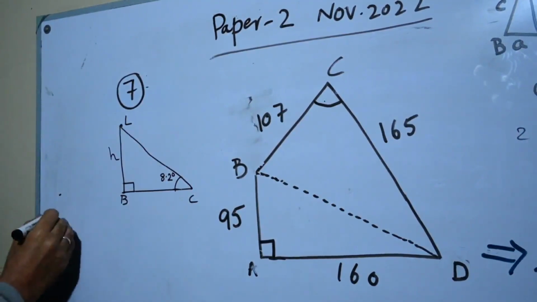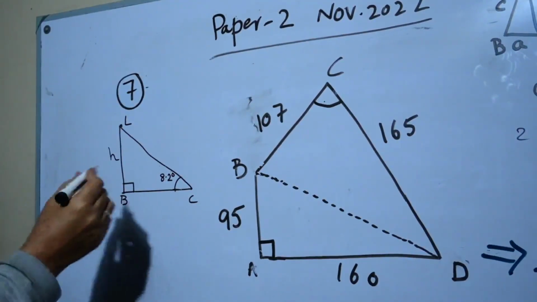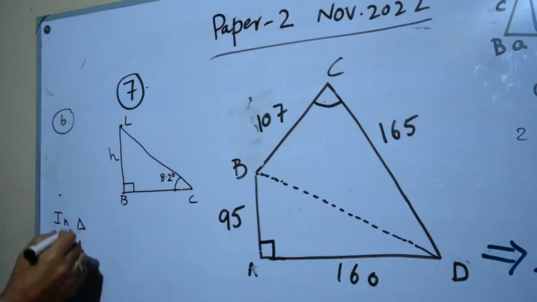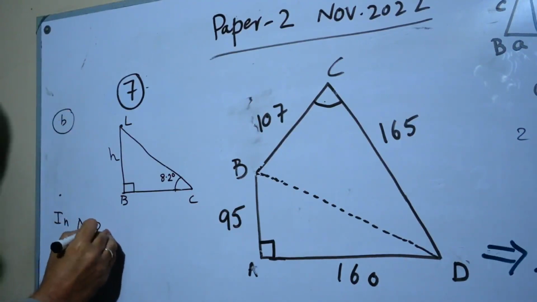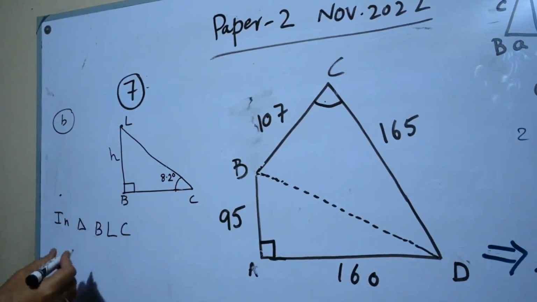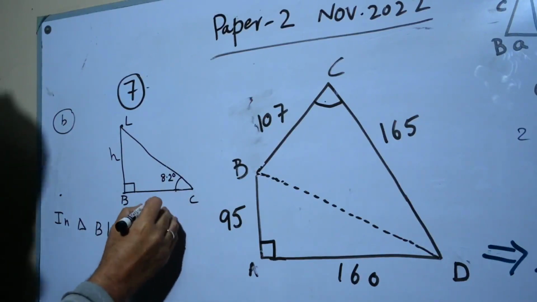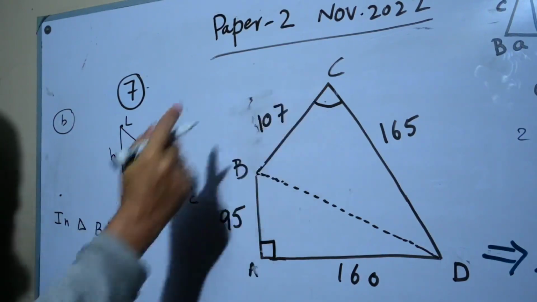So in triangle, this is the second part of the question, the B part. In triangle BLC, L is the light, BC is given, BC is 107.